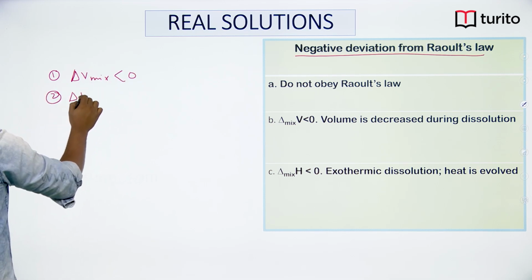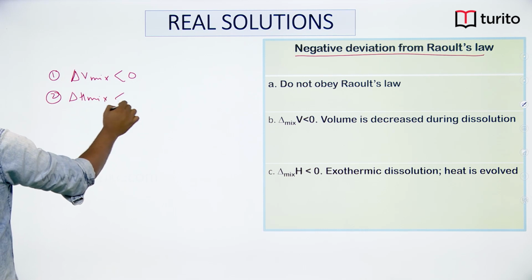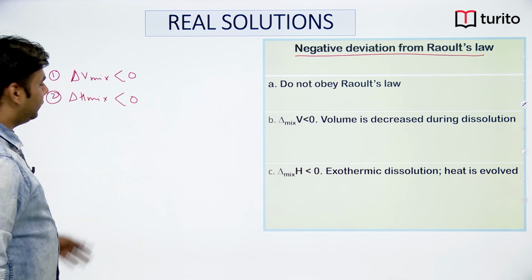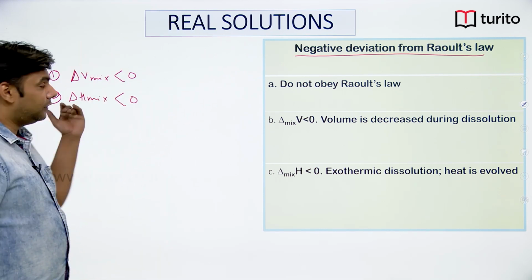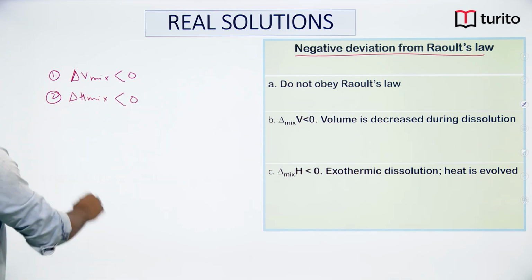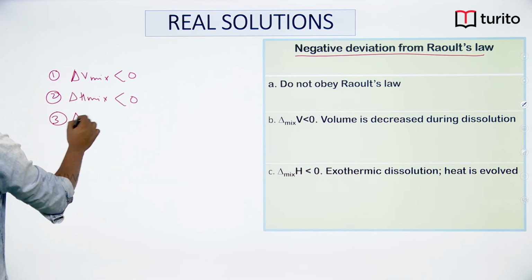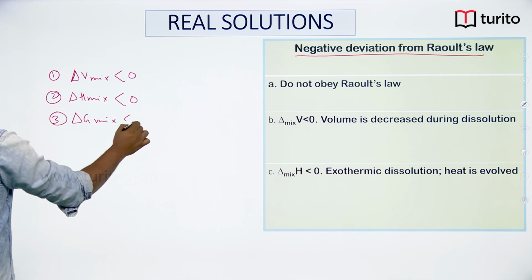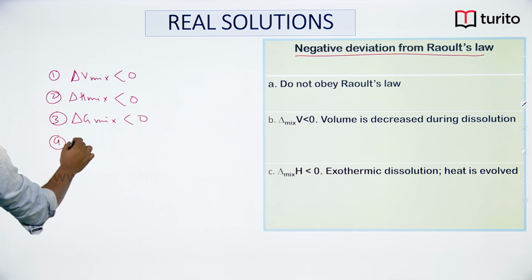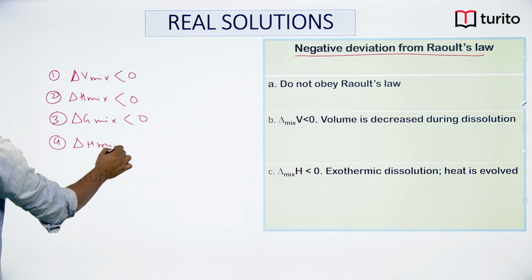Delta H mixing will also be less than 0. In positive deviation, positive means greater than 0. So delta V mix was greater than 0. Delta H mix was greater than 0. Delta G mix, we already know the formula would be less than 0 and delta H mix would be greater than 0.